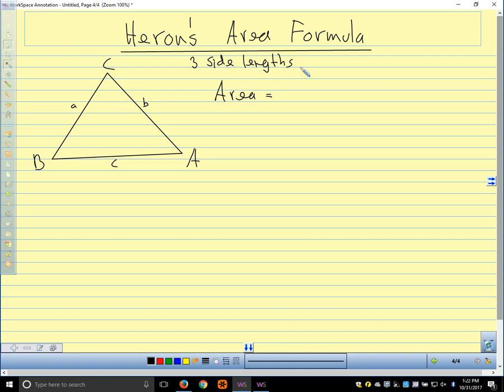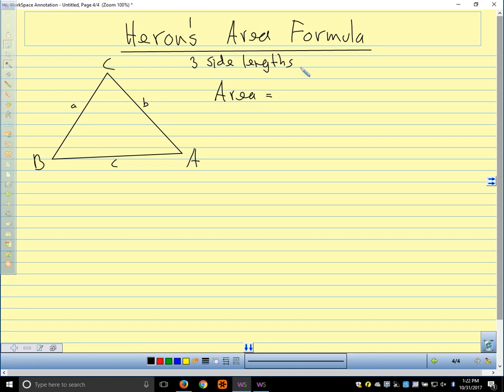Well, to find the height, we need to have a perpendicular segment from the base of the triangle to point C. So we would have to put our triangle on a coordinate system, write the equations of the lines that represent those 2 sides, find where they intersect to find point C, and then find the equation of the line that's perpendicular to the base of the triangle and goes through point C. And then we'd have to find where that line intersects the base of the triangle and use a distance formula to find the height of the triangle. That's a very involved problem.